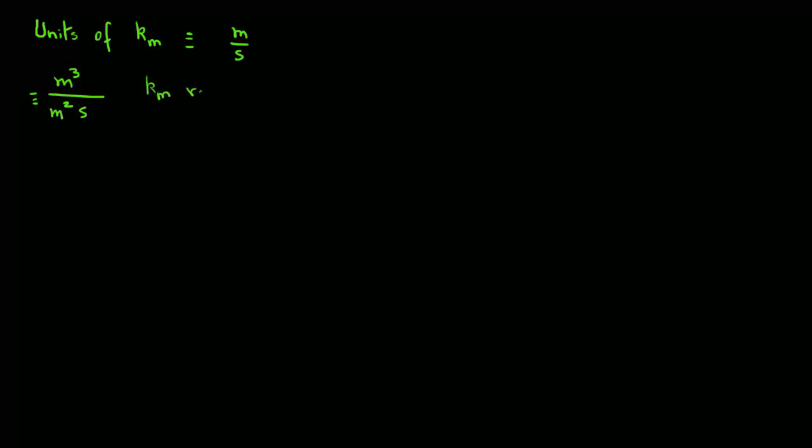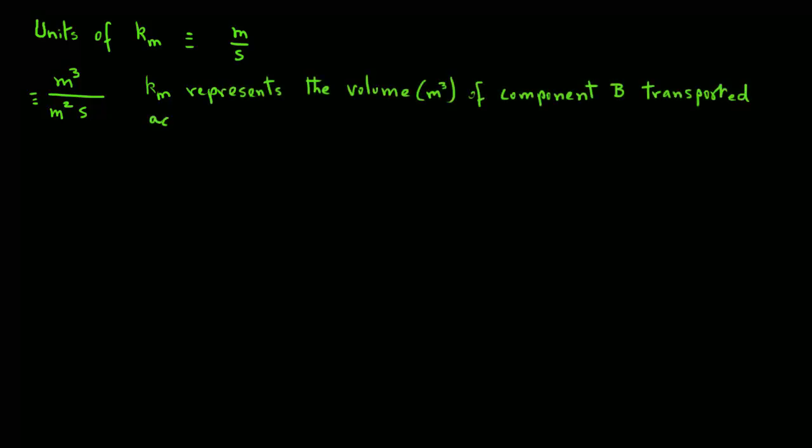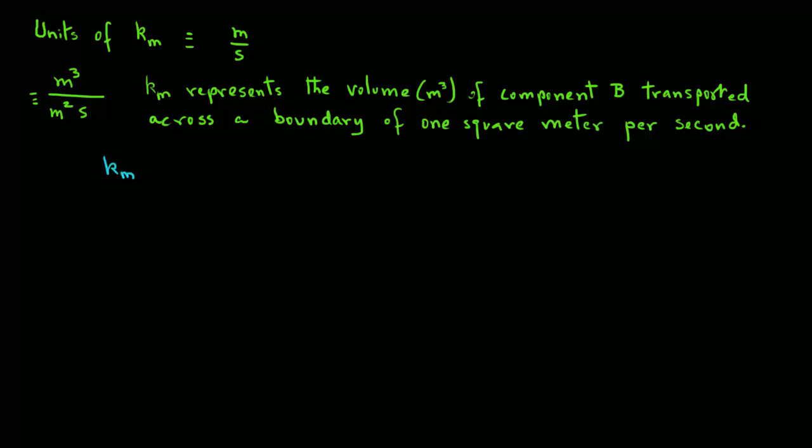And then we can say that Km, the mass transfer coefficient, represents the volume in cubic meter of component B as it is transported across a boundary of 1 square meter per second. And so that gives us a little better understanding of mass transfer coefficient from its units.